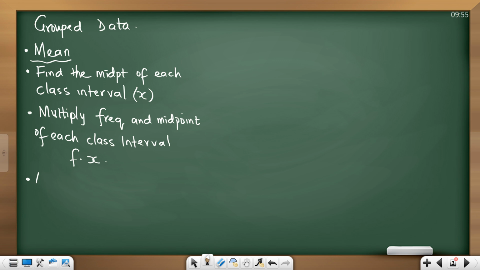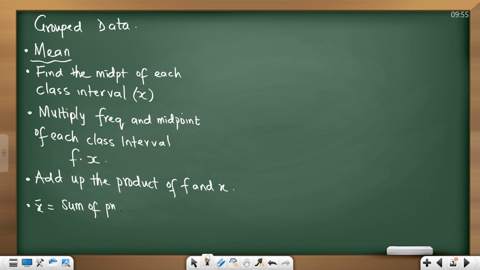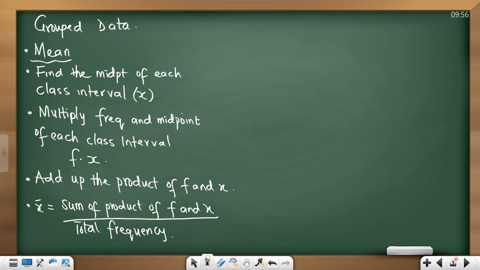X. Number three, add up the product of f and x. Now, mean would be equal to the sum of the product of f and x over your total what? Frequency. Those are the basic steps.